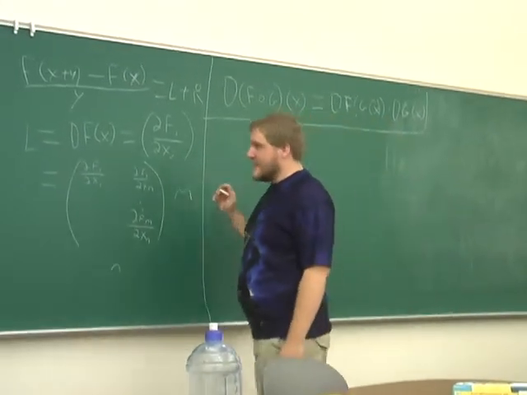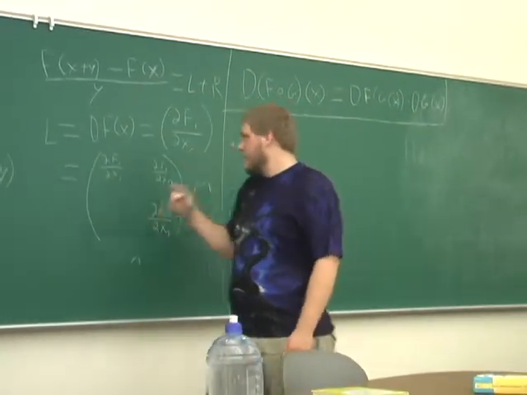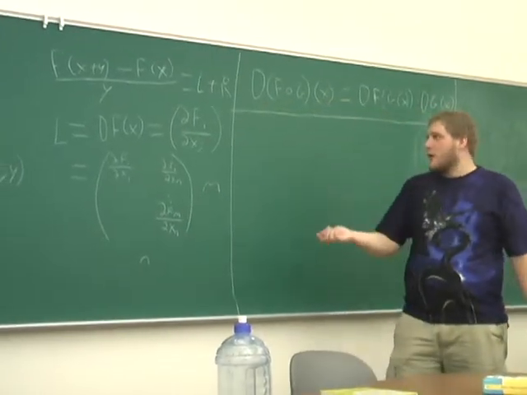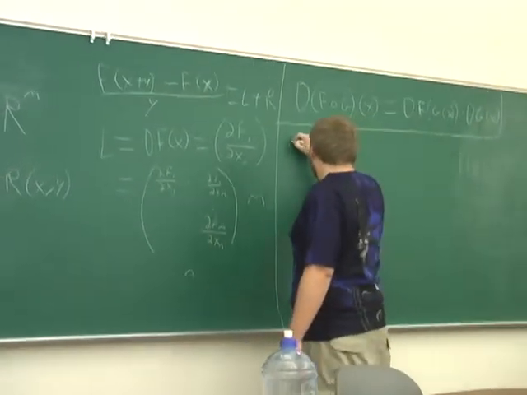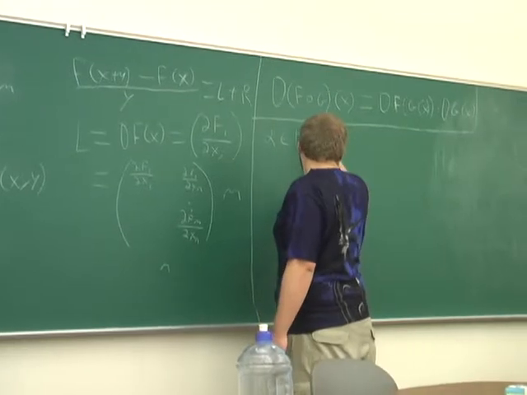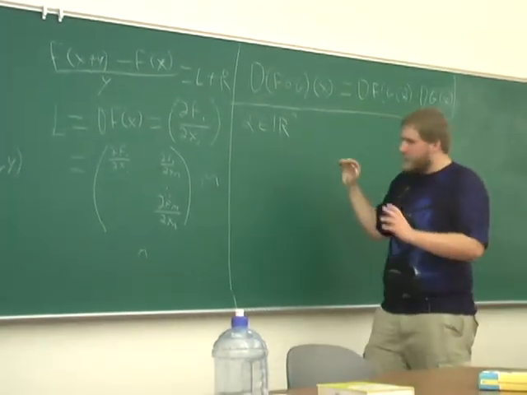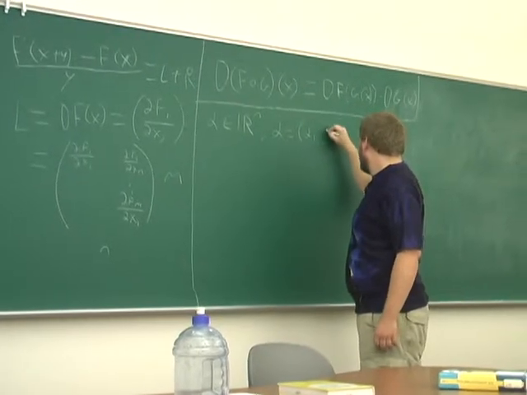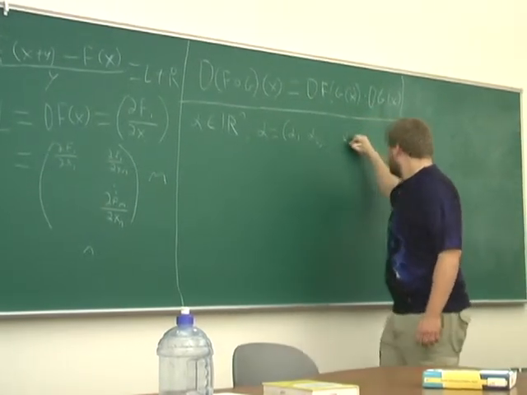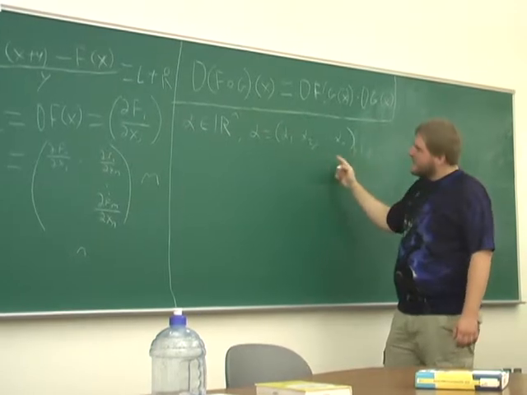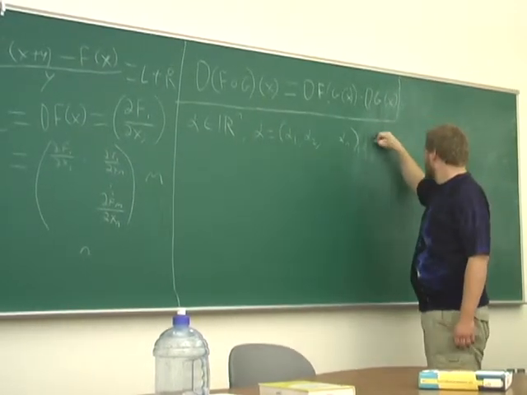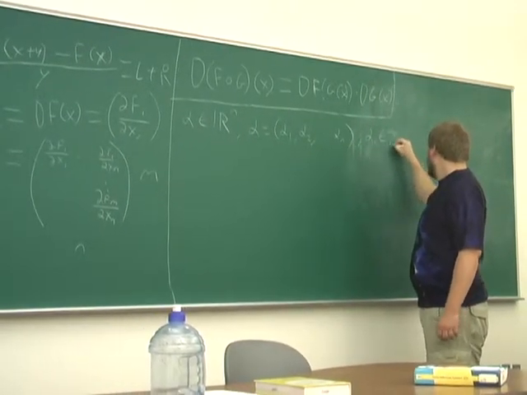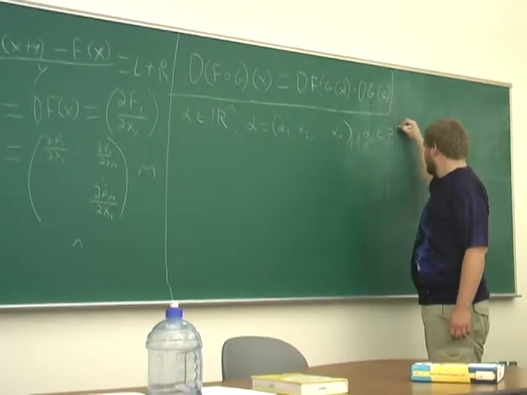So what we do is we take an element, again we're discussing a map from Rn to Rm, and we take an element alpha in Rn, but we're careful about how we define it. We say that alpha is equal to alpha 1, alpha 2, alpha n, where alpha i are positive integers or 0.